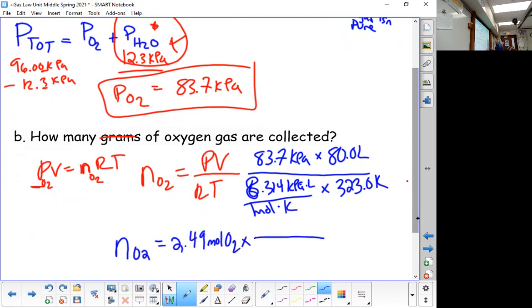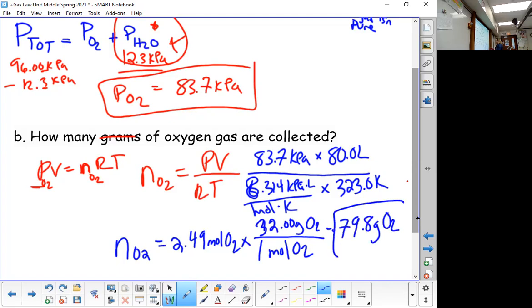And then if we want how many grams, like if we were to weigh it, 1 mole of oxygen would be 32.00 grams of oxygen gas. I'm going to take my unrounded answer in my calculator, multiply by 32, and not take the 2.49, and I get 79.8 grams of oxygen gas there in that tank of 80 liters.